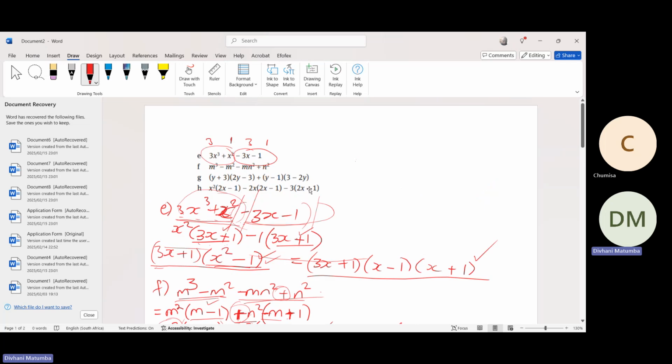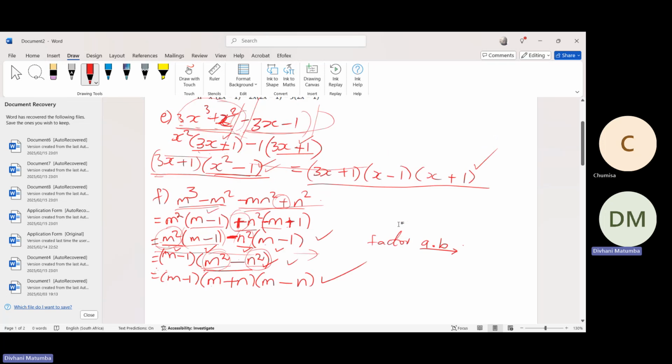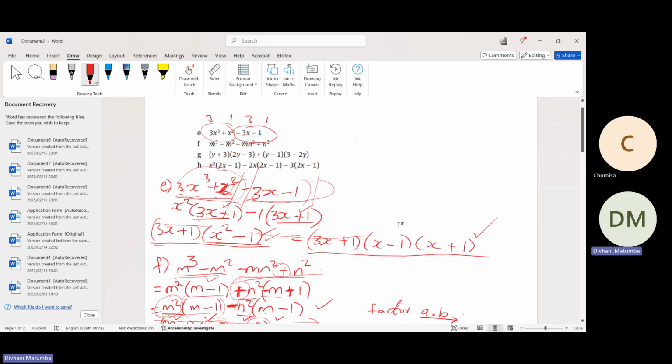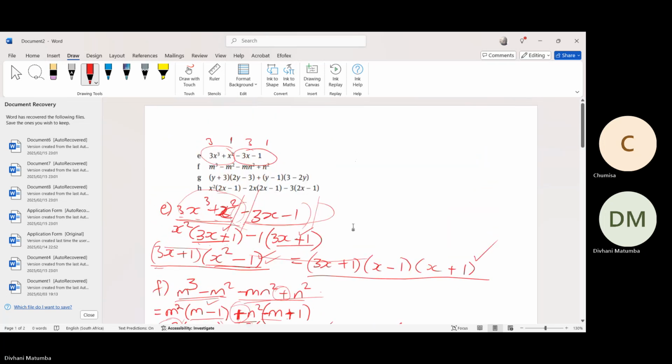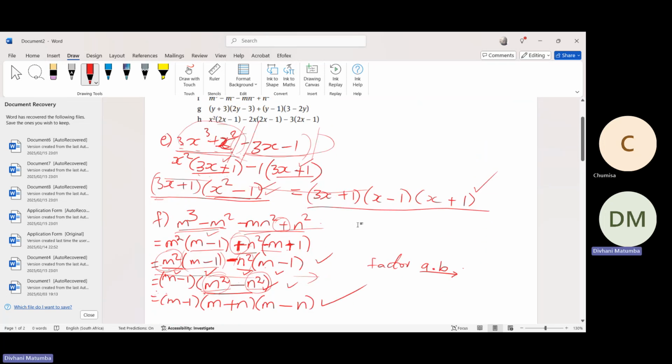Okay, number G. Let me copy it the way it is. So it is y plus 3, 2y minus 3.